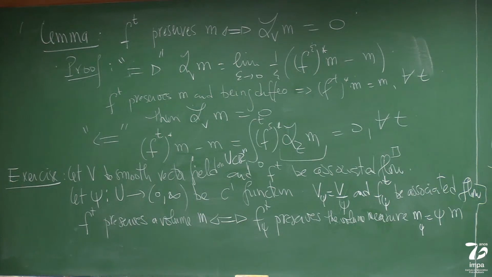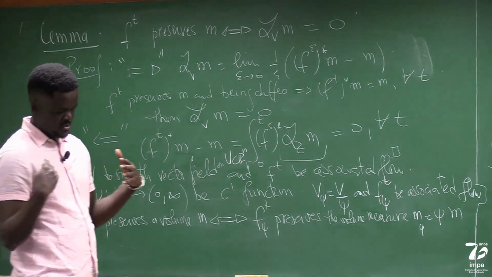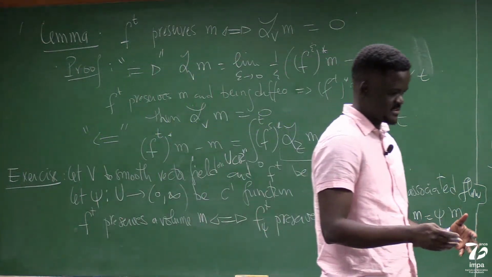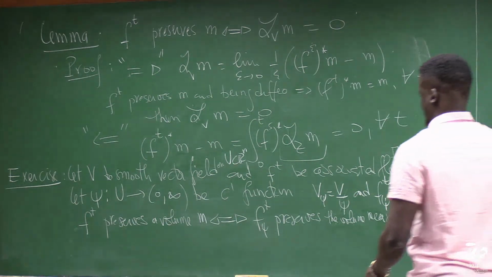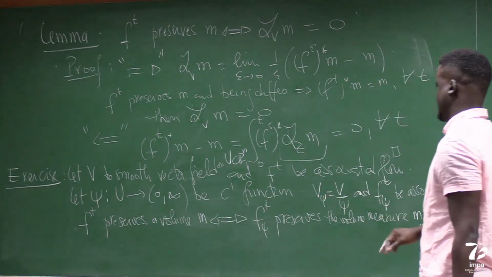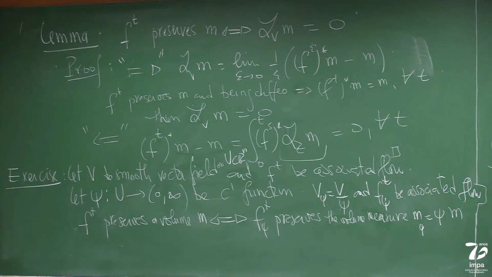This is a nice exercise about reparameterization of flows. If you have a flow and you do a reparameterization, they preserve measures that are absolutely continuous with respect to each other, like they just differ by a function. Okay. So probably I'm going to ask you to do this exercise during the problem session.